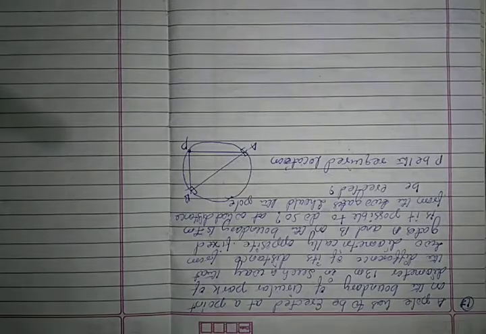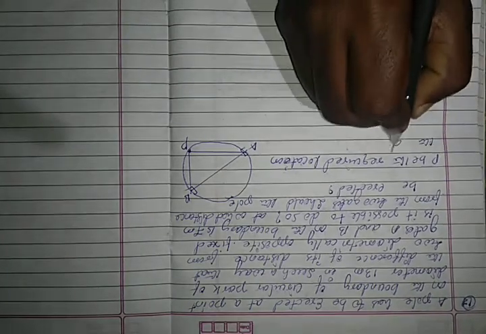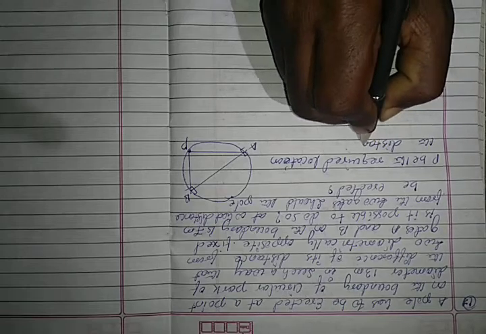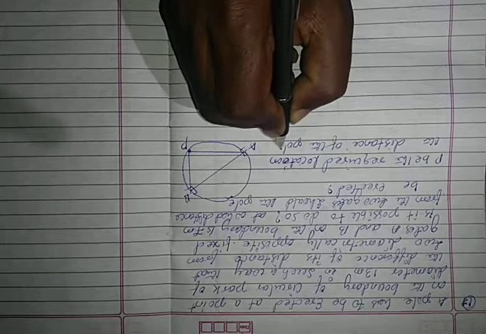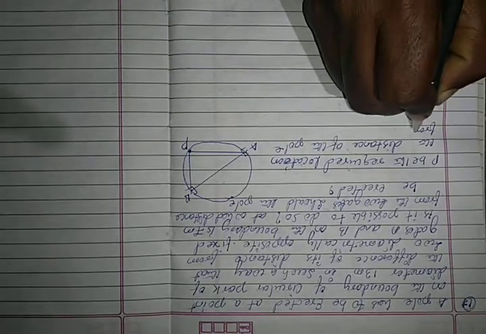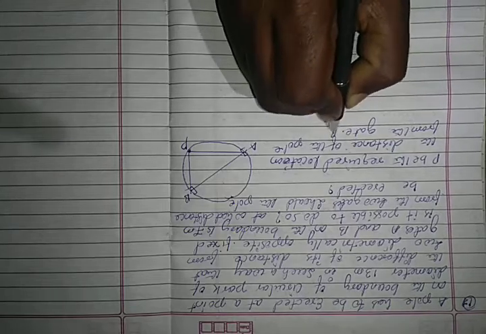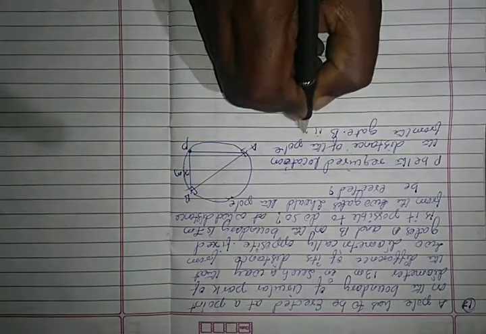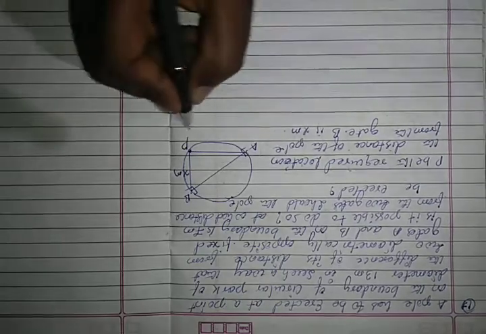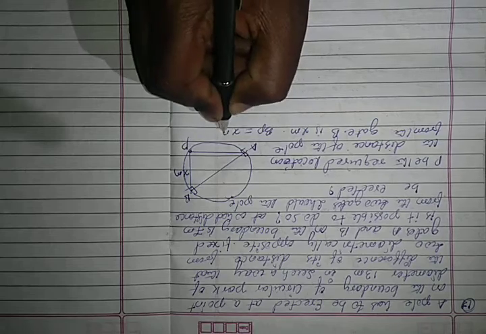So after that, the distance of the pole from the gate B, that is x meter, that is BP is equal to x meter.